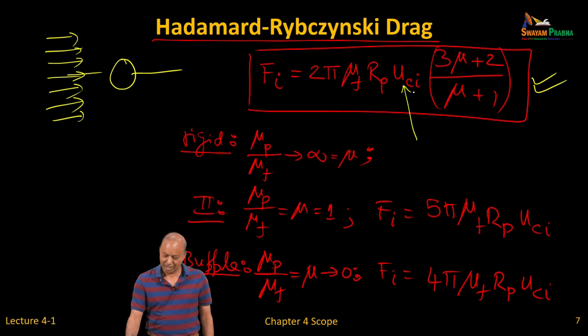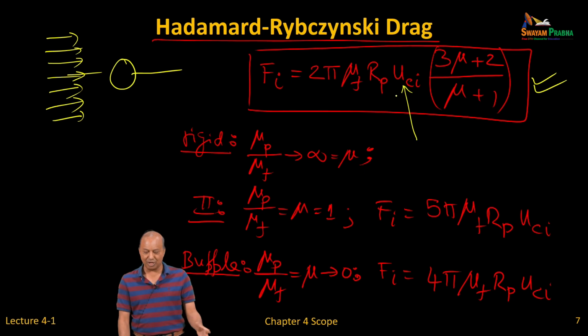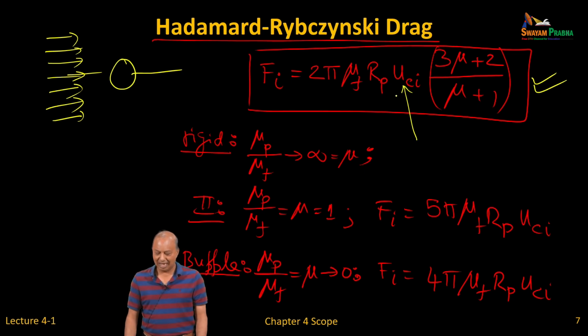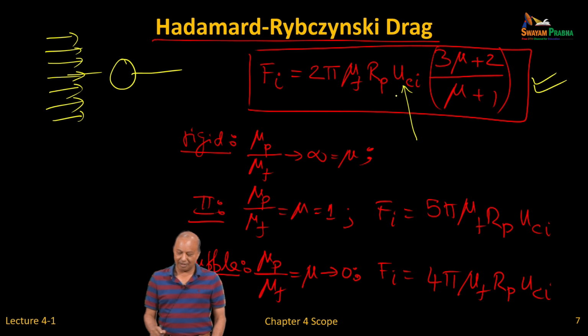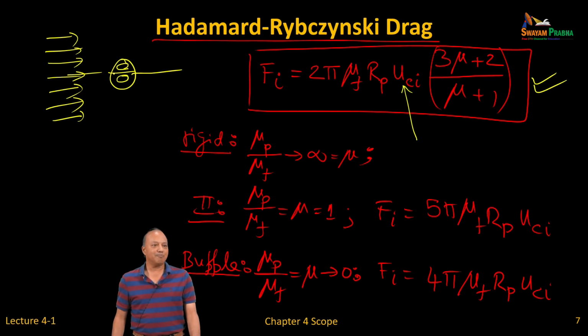So I'm just assuming the droplet or bubble to be stationary, so there is no v_i, the droplet velocity is 0. Therefore, this is for a stationary droplet being subjected to some velocity, and you may have studied that there will be flow inside the droplet, and that flow is called the Hill's spherical vortex.